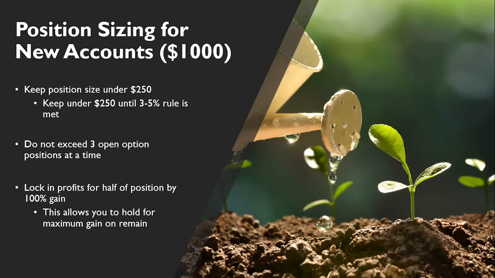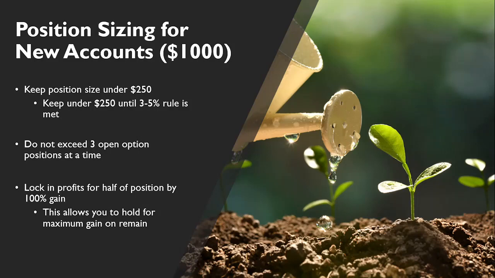What you want to do is keep your size under $250. I know that's 25% of your portfolio, but that's more than enough. Just keep getting those wins under your belt. You keep doing $250 over and over and over again until you're eventually big enough that you're only putting that 3 to 5% in.